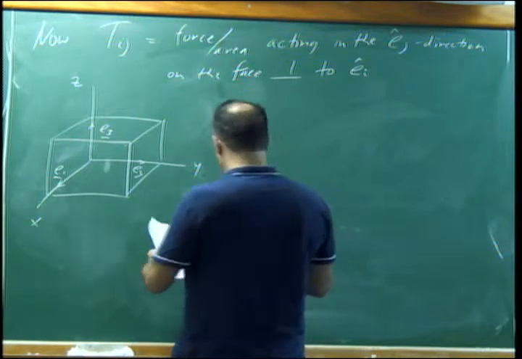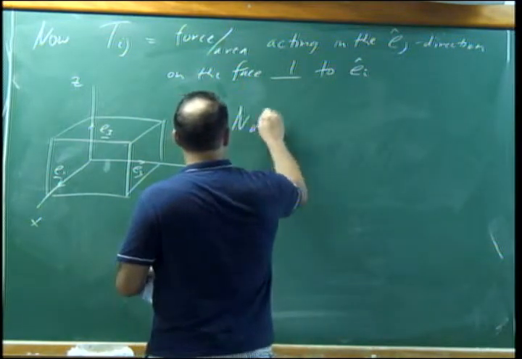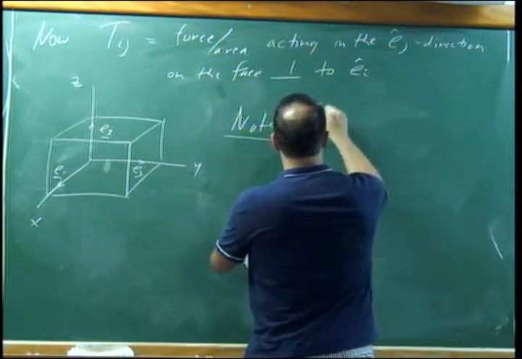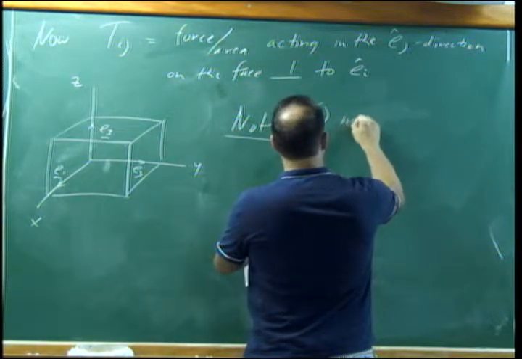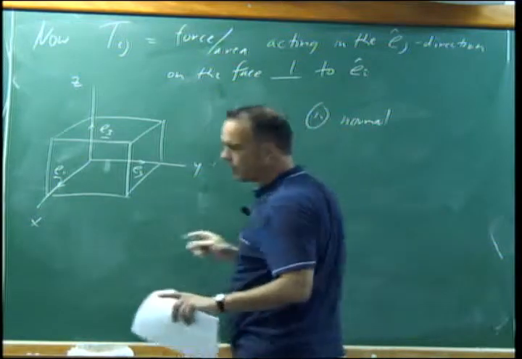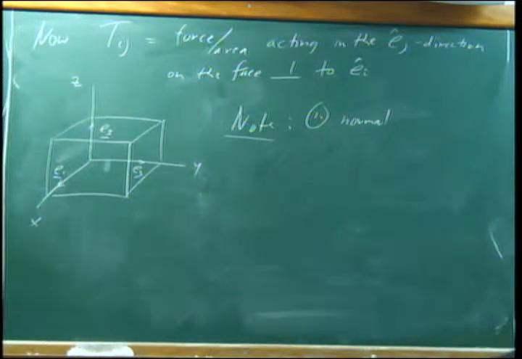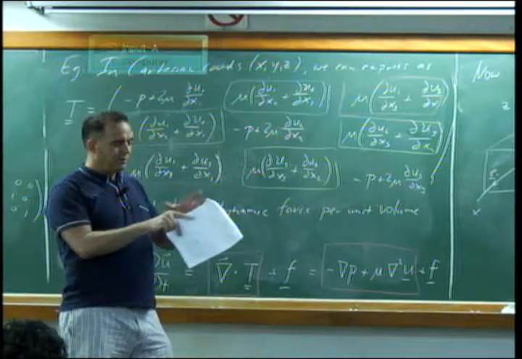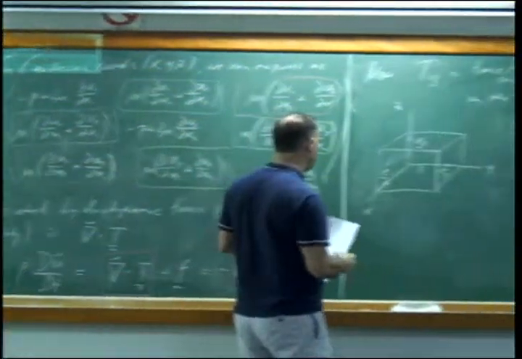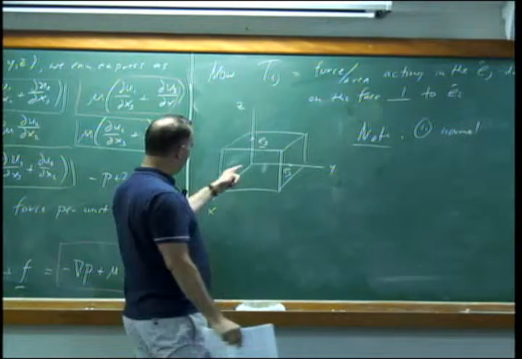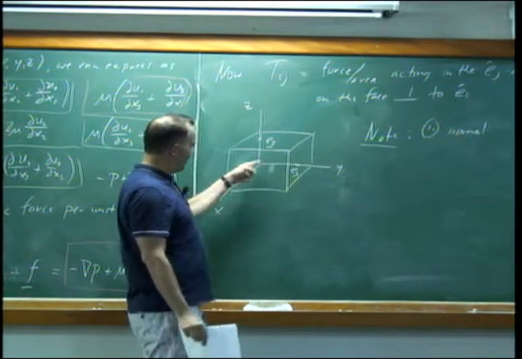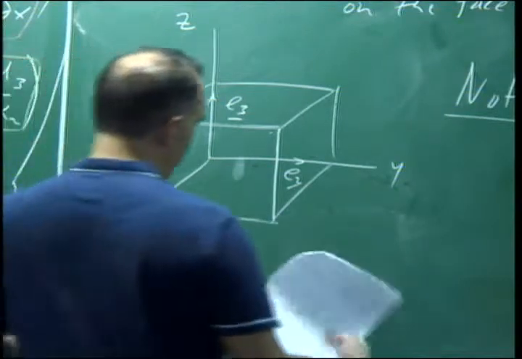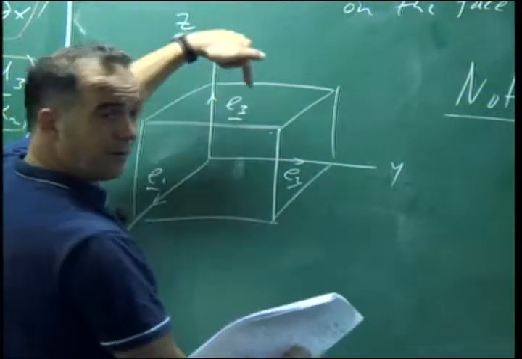Okay, so we'll do a couple of examples, but things to note. So the normal stresses are going to be these guys, so the 1,1, 2,2, 3,3 components. So we have this cube, so the 1,1 is going to be acting in the x direction on the face perpendicular to this, so it's basically this one. 2,2 is here, 3,3 is here. Okay?